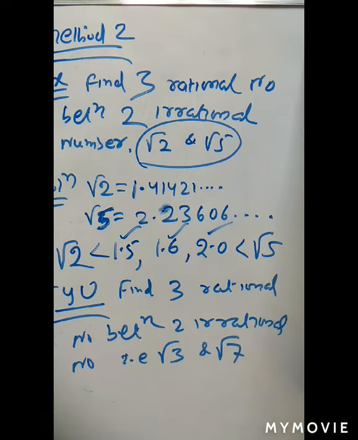That means you have to calculate 3 rational numbers between root 3 and root 7. Root 3 and root 7 are which numbers? Irrational numbers. In between these two irrational numbers, you have to find 3 rational numbers. So this is your homework. Clear?